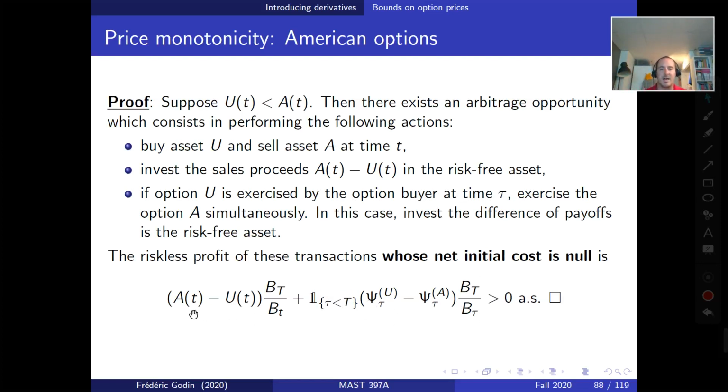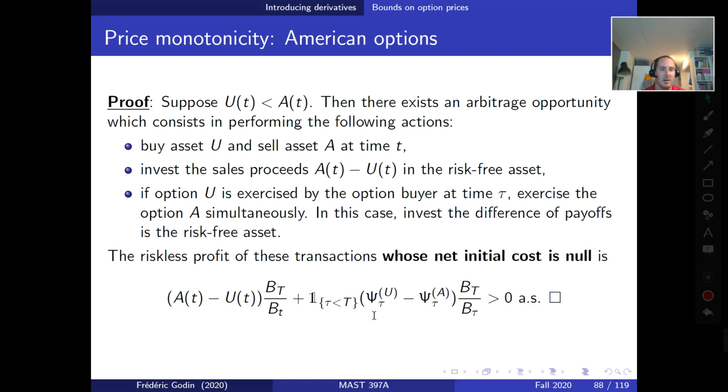And because this first term was strictly positive, then the profit is strictly positive. Again, this is also greater or equal to 0 because this was our assumption from the result. So this is a strategy with 0 initial cost and a payoff which is greater or equal to 0.